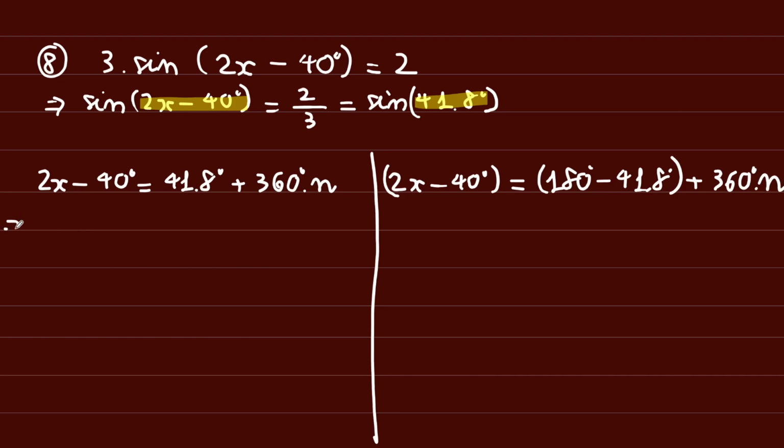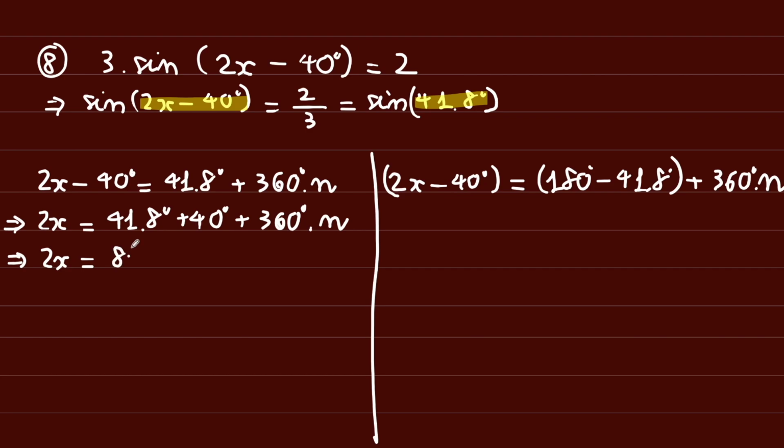Okay, so solve each of them one by one. The first step, I need to change plus 40 from left to right. This becomes 41.8 plus 40 degree plus 360 degree multiply n now. And then simplify the right hand side, 81.8 plus 360 degree multiply n.